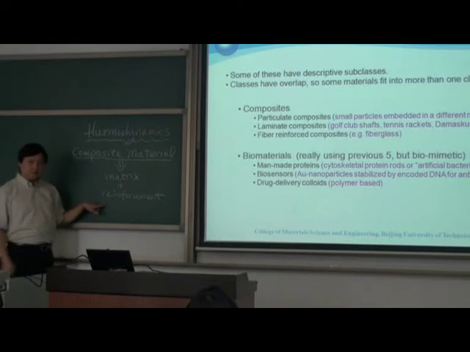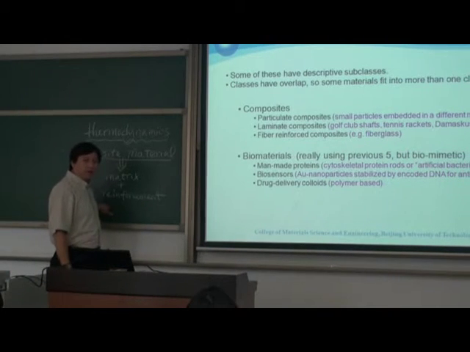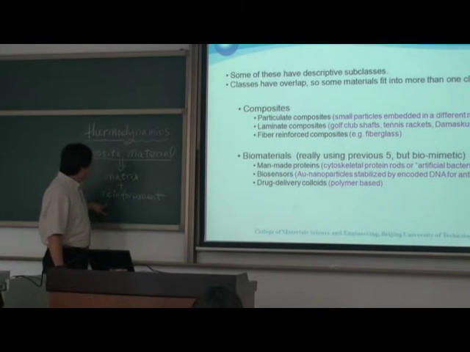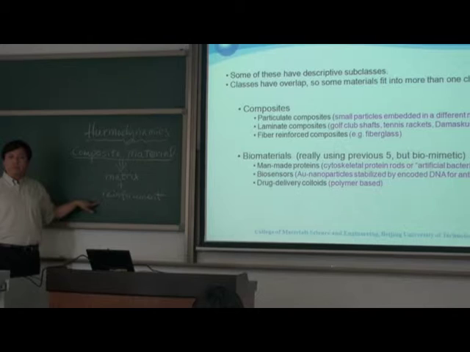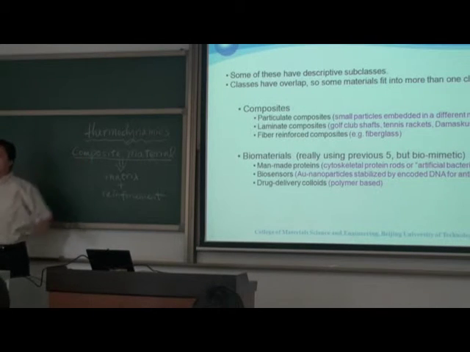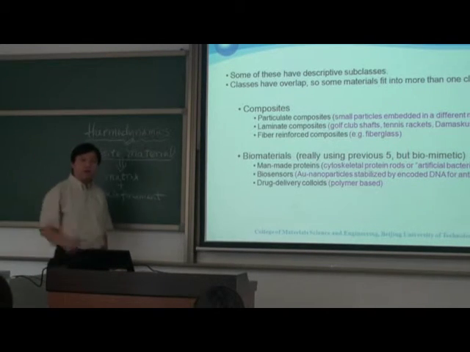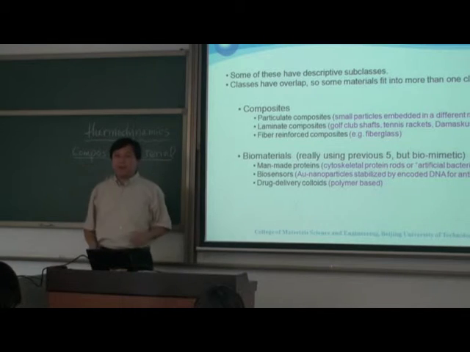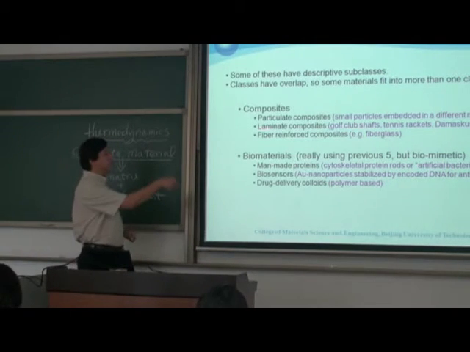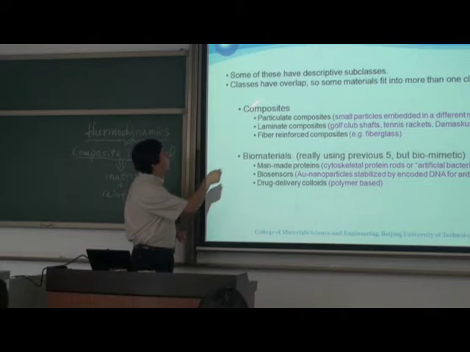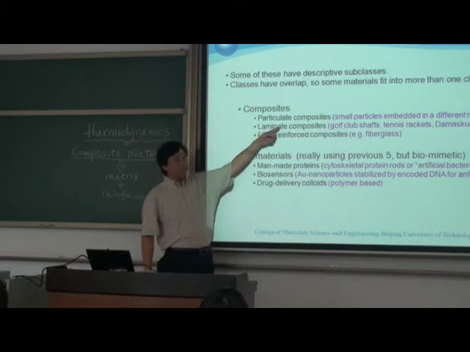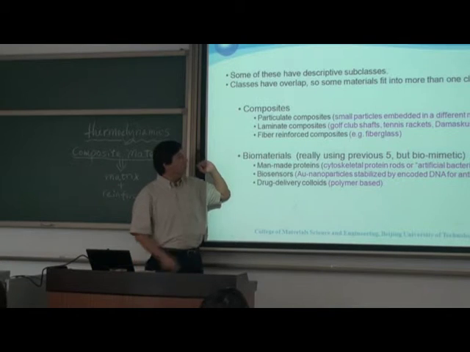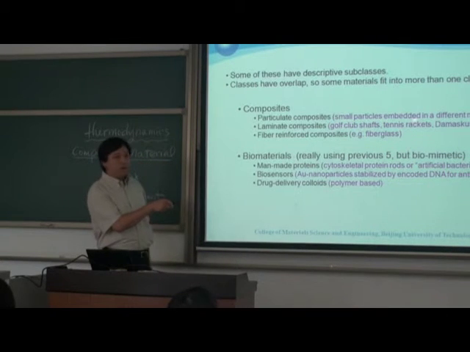Composite material, we know, is a combination of matrix and reinforcement, right? Now, we can choose different types of reinforcement. It can be a long fiber. It can be a very small particle. It can be a different shape. So based on this kind of reinforcement, we can classify composite material as particulate composite, such as small particles embedded in a different material.